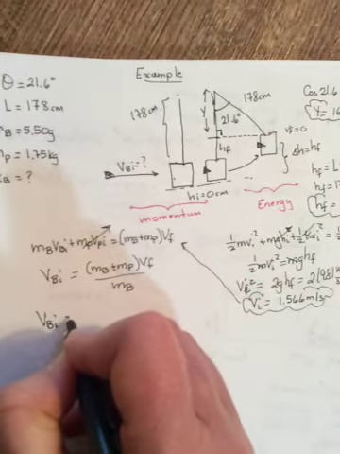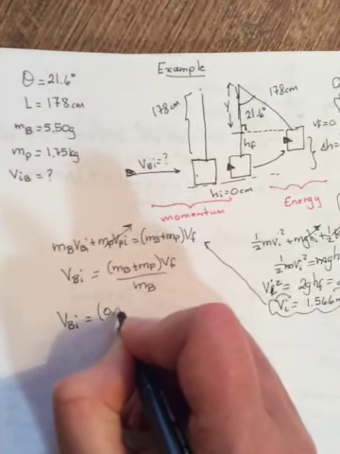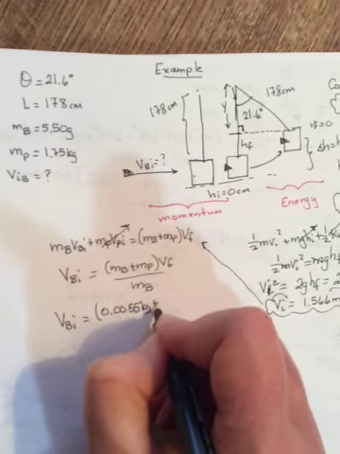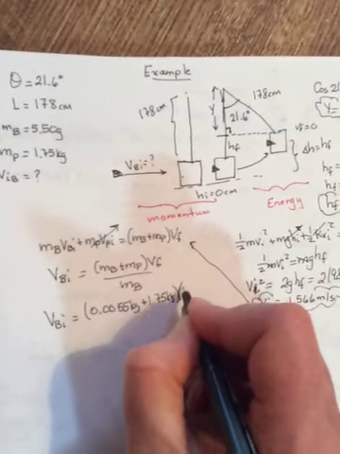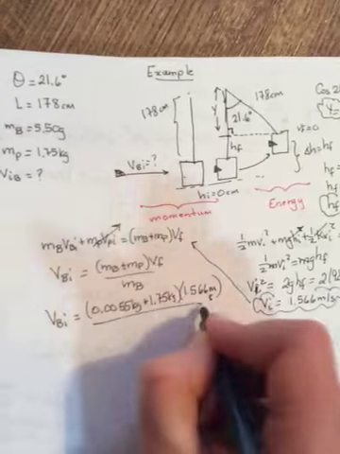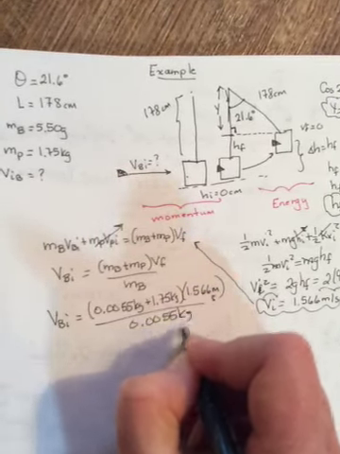So V of the bullet initial. Bullet's mass, 5.5 grams, so 0.0055 kilograms, plus 1.75 kilograms, times this 1.566 meters per second that you just found, divided by 0.0055 kilograms.